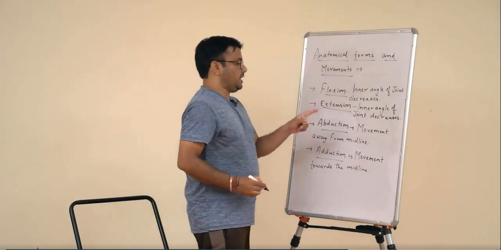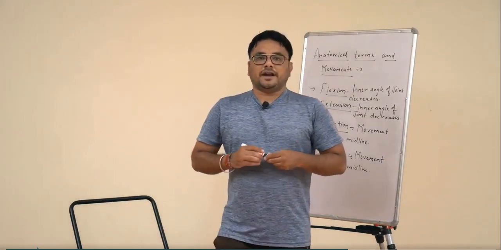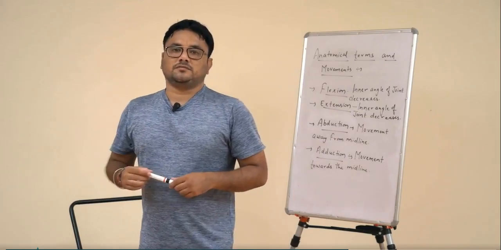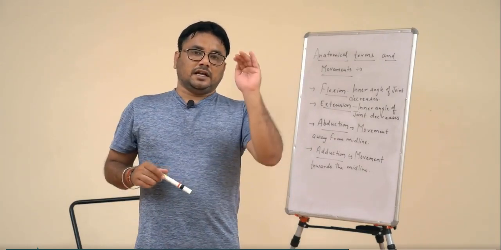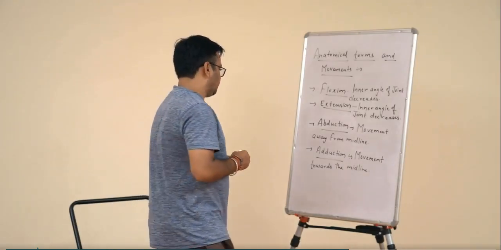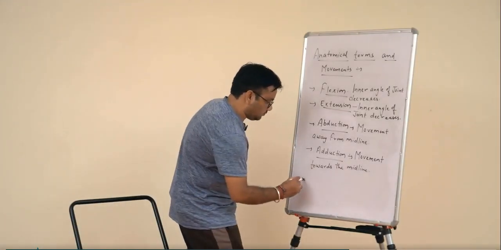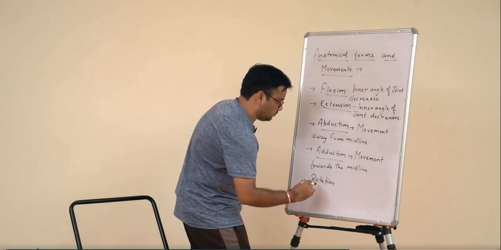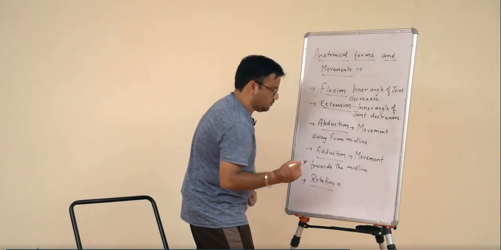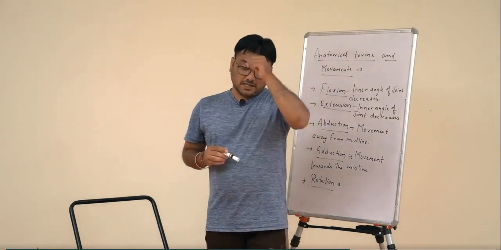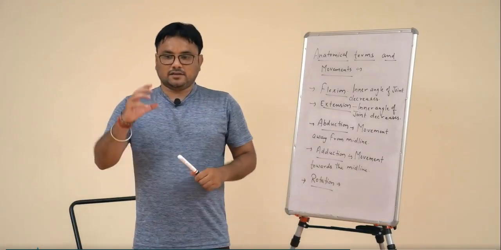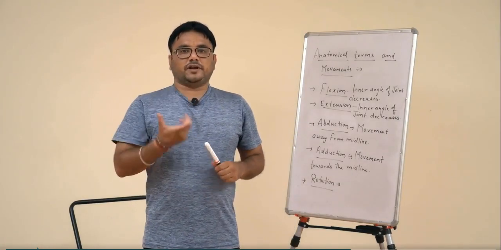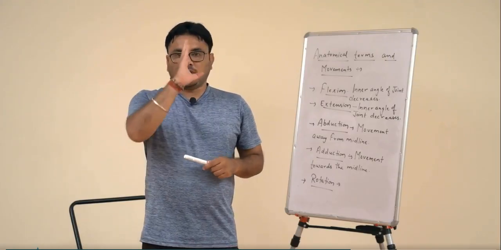So abduction, movement away from the midline of the body. Adduction, movement towards the midline of the body. Next comes the rotation. So rotation is, we can say, a circular movement around one plane.